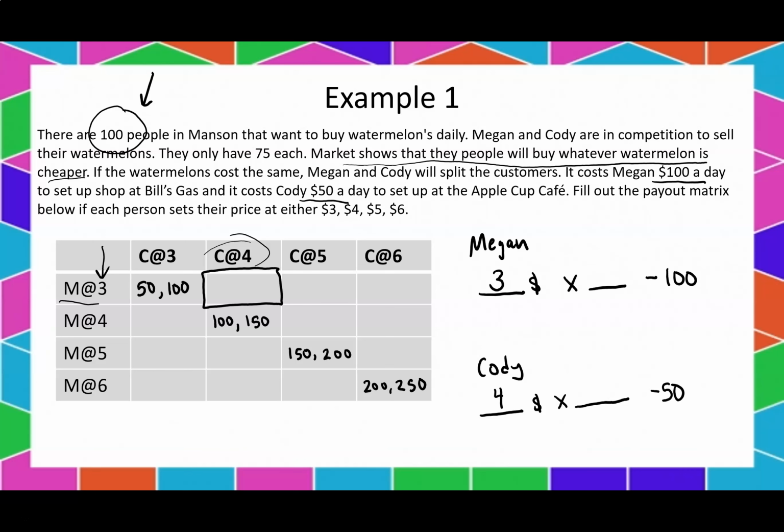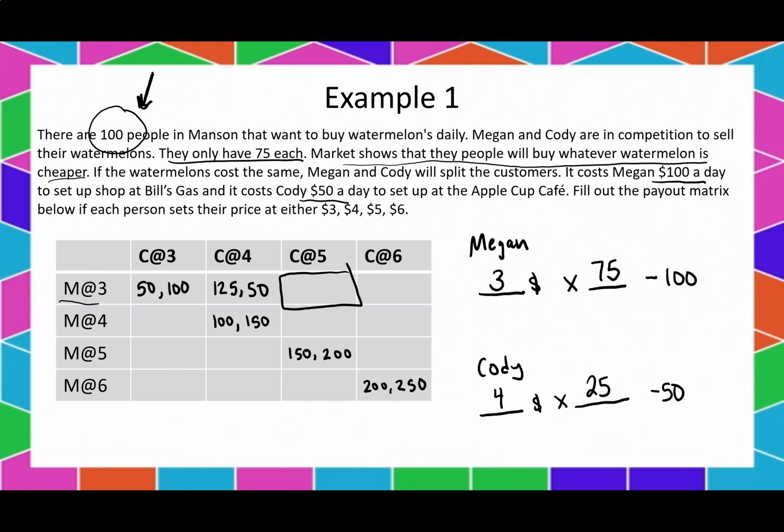So we have 100 watermelons, but they only have 75 each. So Megan's going to sell all 75 of hers because hers are cheaper. And Cody's going to be left with the 25 other customers. So we go ahead and we do that math, and we are left with 125 for Megan and 50 for Cody.